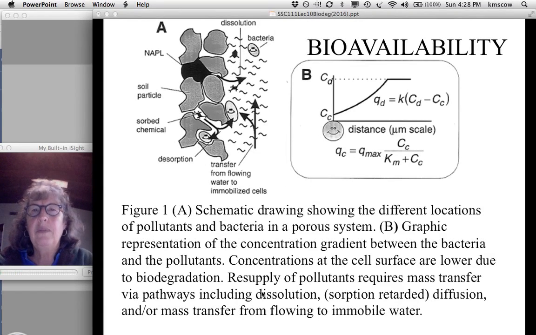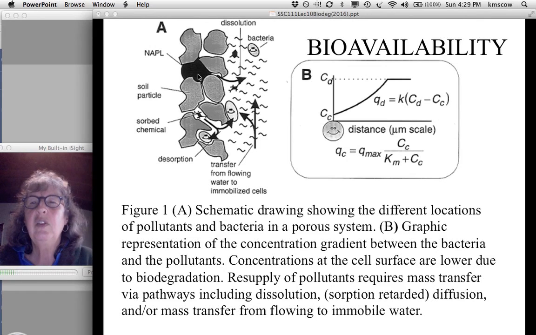So this picture here shows you an example of reduced bioavailability. We have some soil here. We have these nice bacteria that are hanging around outside, and we'd be really happy to degrade the compound once it comes into the solution.